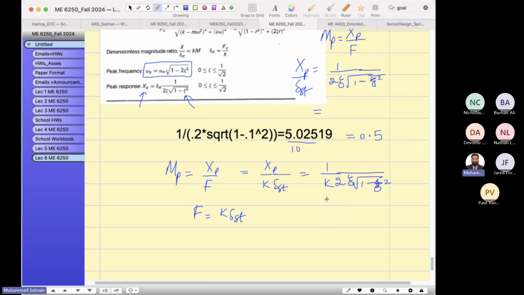Please note it down. This is the maximum amplitude which occurs. So the maximum amplitude formula is this one.